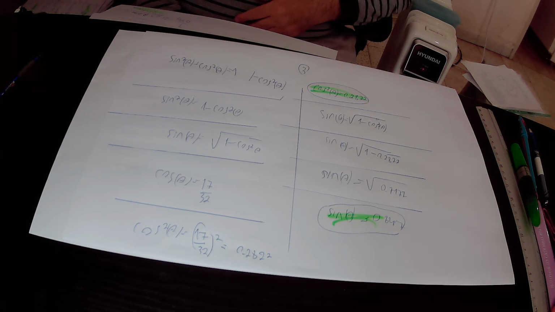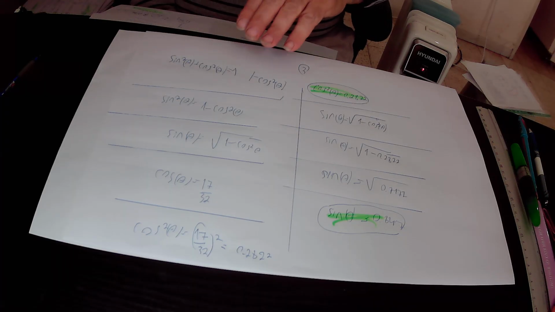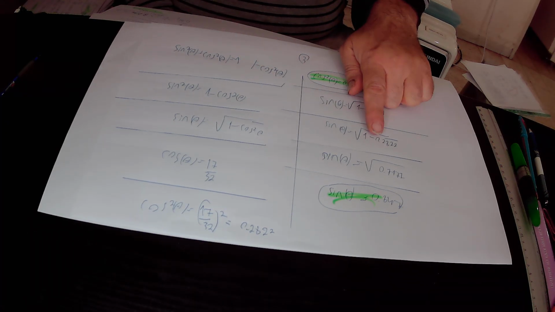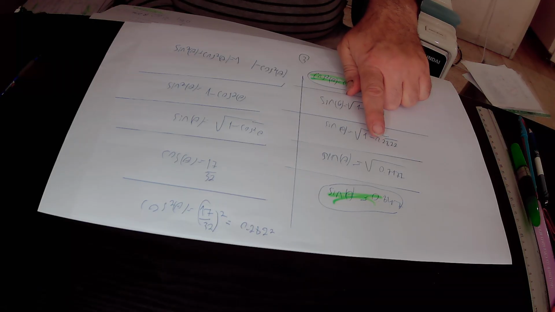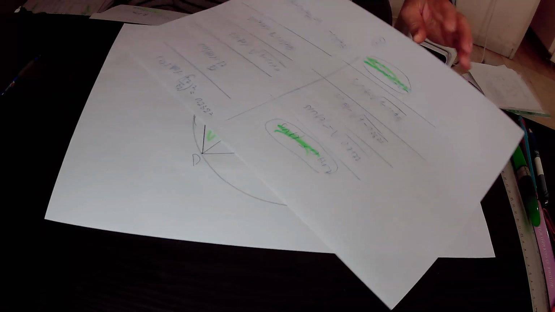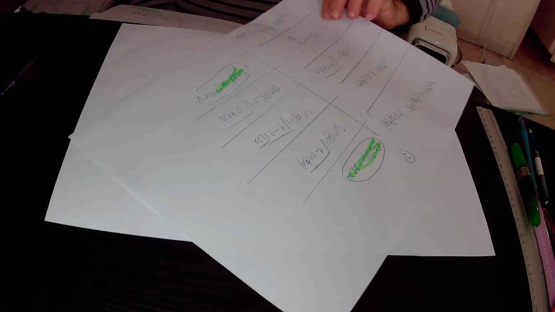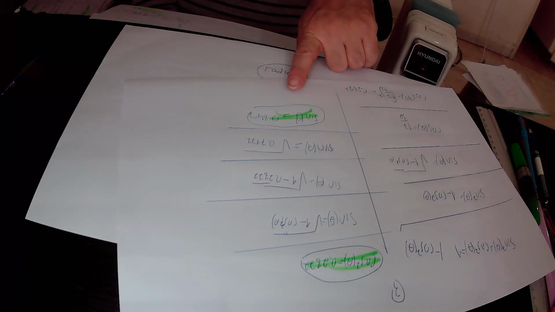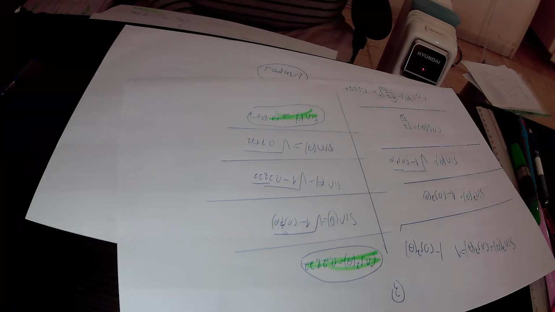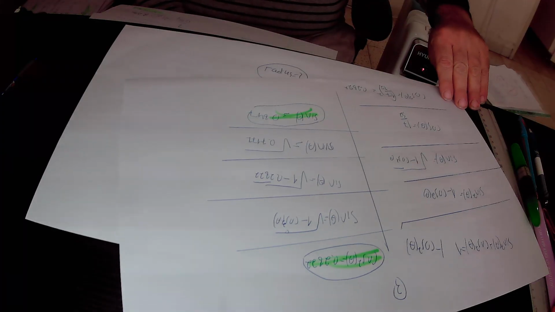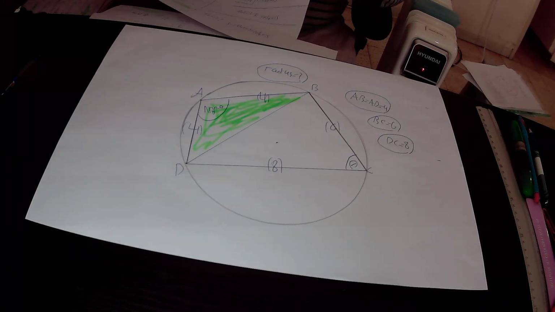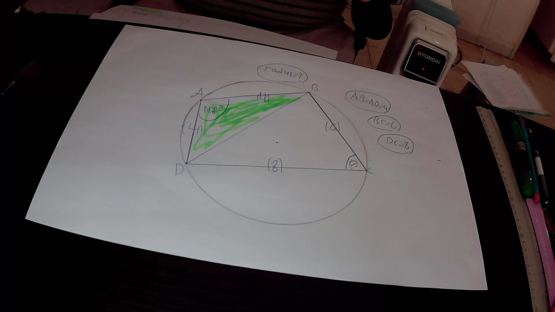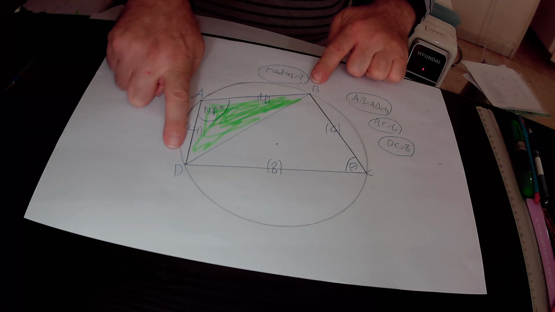So sine theta equals the square root of 0.177, and the square root of 0.177 is equal to 0.847. So in total, we found that sine theta equals 0.847. What is the length of this chord BD?